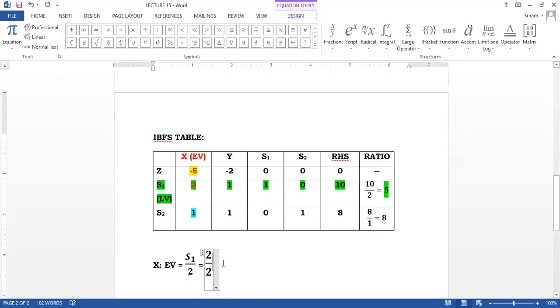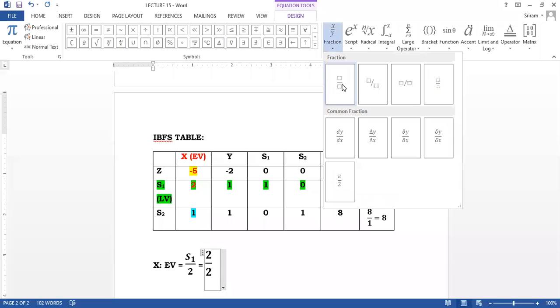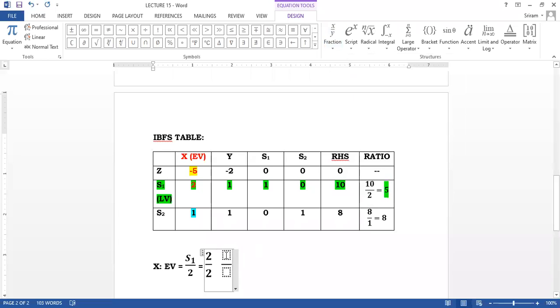What is the next one? Again, I check the next number. This is 1, so 1 divided by 2. The next one is also 1 divided by 2. I am taking the numbers from S1 and dividing them by 2 because the pivotal column element is 2.